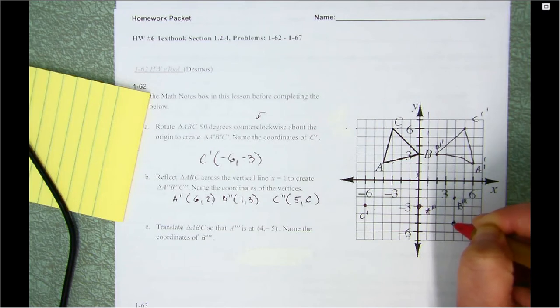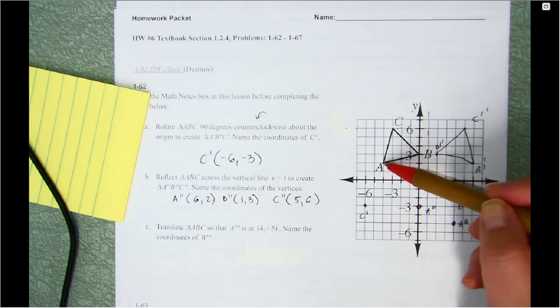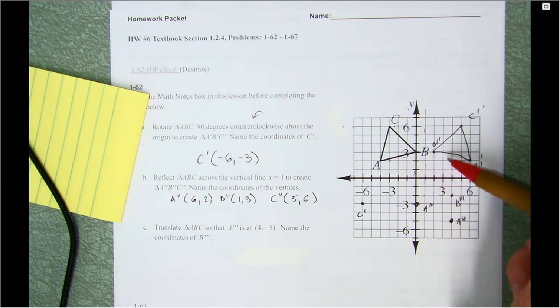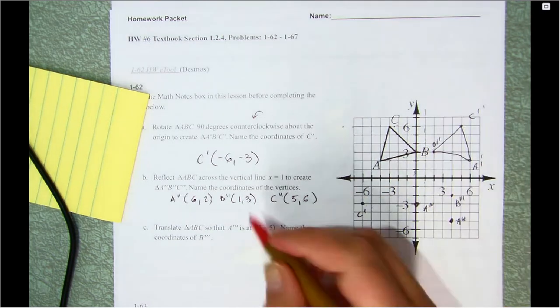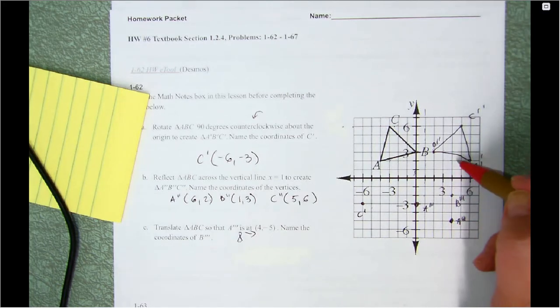So I need to find what was the translation. So we went 1, 2, 3, 4, 5, 6, 7, 8 to the right. And then we went 1, 2, 3, 4, 5, 6, 7 down.